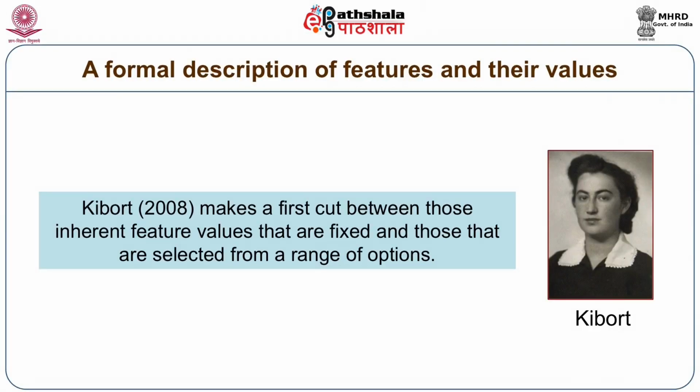Moving on from these descriptions of feature values and their interaction by contextual and inherent features, let's now move to a formulation of features and their values. Using the work of Keyser 2008, let's make a first cut between those inherent feature values that are fixed and those that are selected from a range of options.